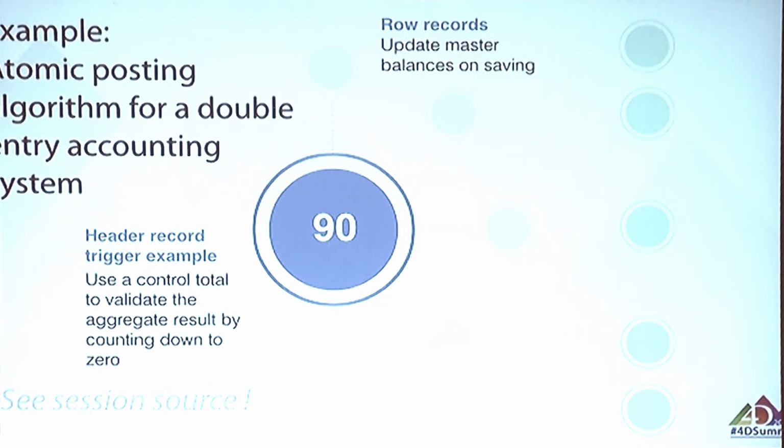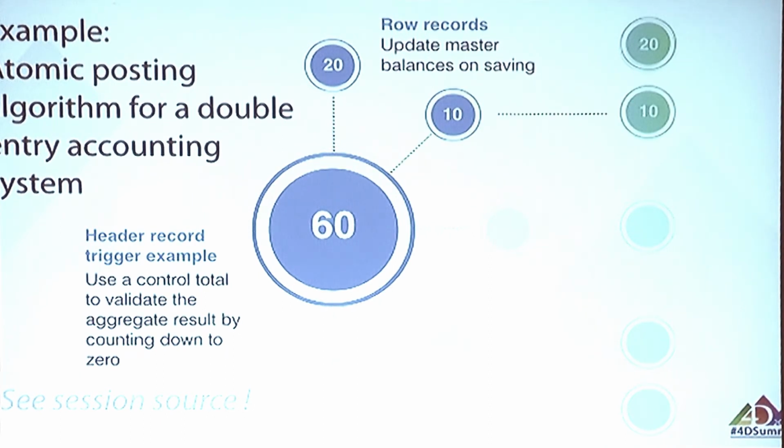So the way this works is our header trigger loops through each row in the object. It saves the postings record. That will run the trigger in the postings record, which has its own little world. It only has one job to do, which is to load the associated account balance, update it or downdate it, and save the associated account balance.